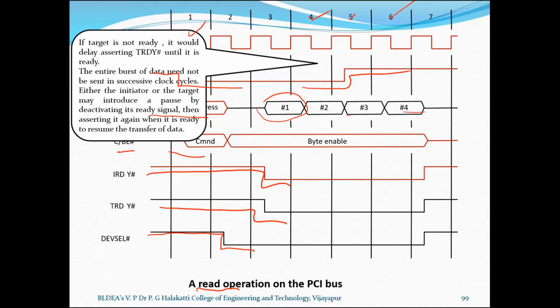Now in this figure, during clock cycle 5, while reading the third word, it is indicated. Now after sending the fourth word in clock cycle 6, the target disconnects its drivers and negates its DEVSEL#, that is device select line, at the beginning of clock cycle 7.